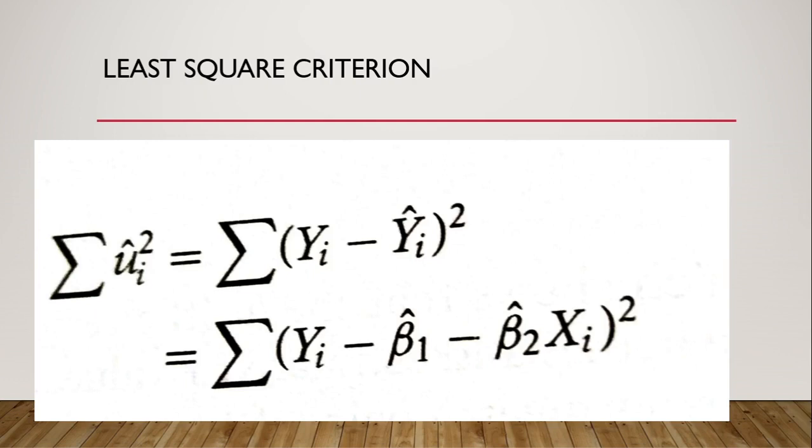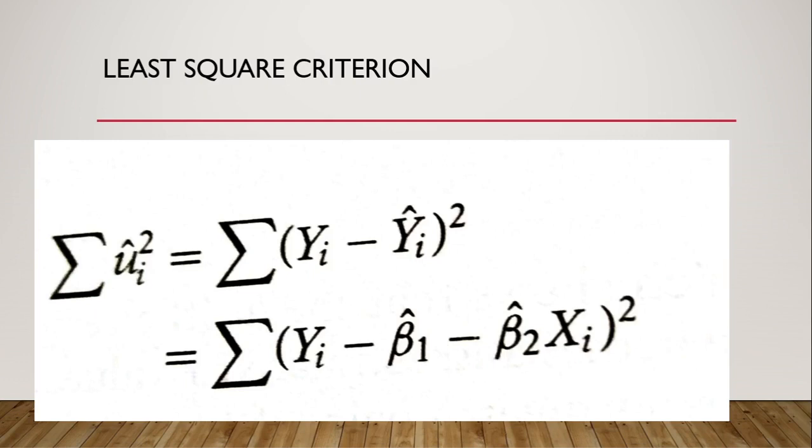So sigma ui hat square is equal to sigma yi minus yi hat the whole square. We are finding out the deviation between actual y values and the estimated y values, and we are squaring that and adding all those together, adding all the squared residuals.